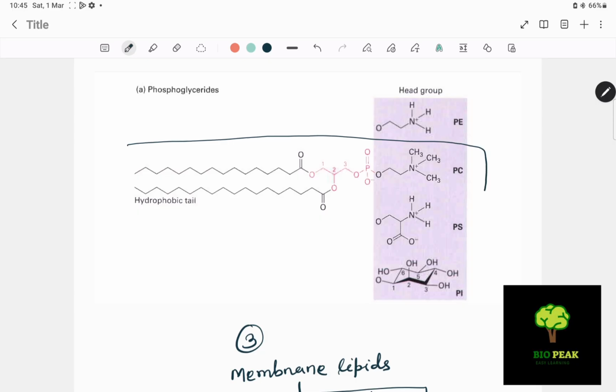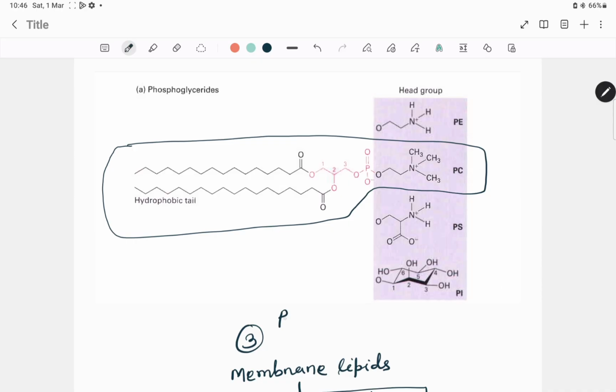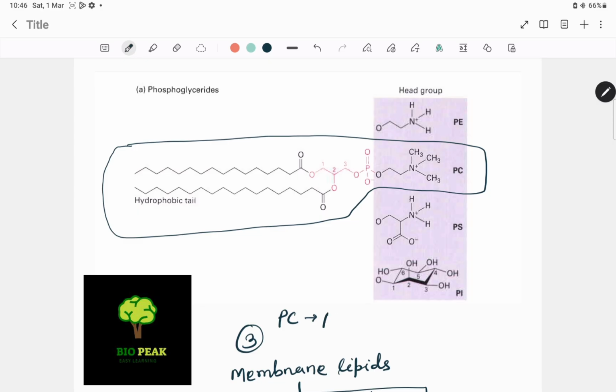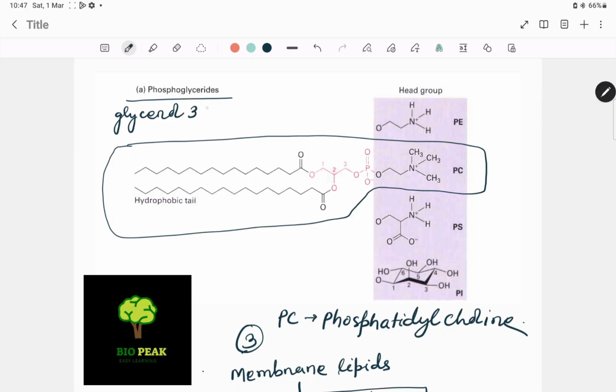This is a full structure of a phosphoglyceride called PC, or phosphatidylcholine. Most of the phosphoglycerides are derivatives of glycerol 3 phosphate.